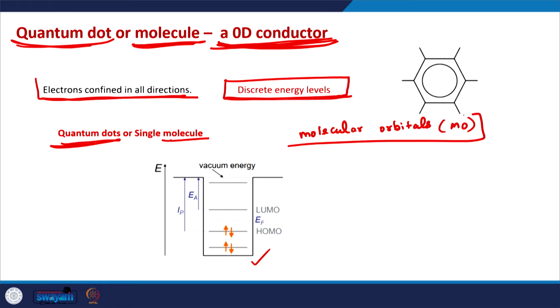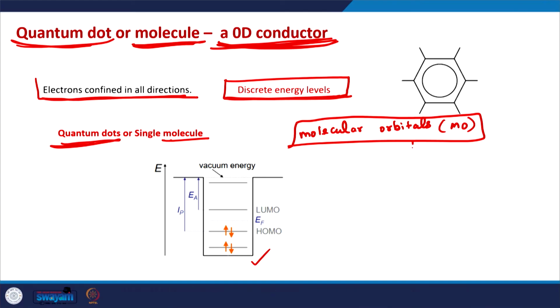Electrons in different atoms interfere with each other, and due to the interference of various electronic wave functions, in a molecule, molecular orbitals are formed. These molecular orbitals belong to the entire molecule, they do not belong to a particular atom in that molecule.